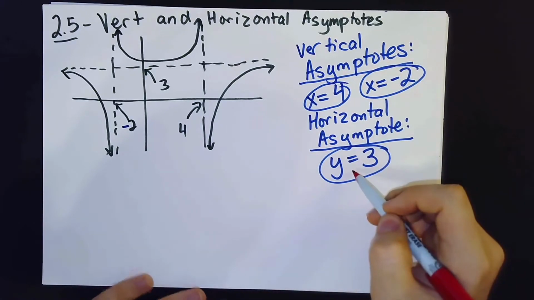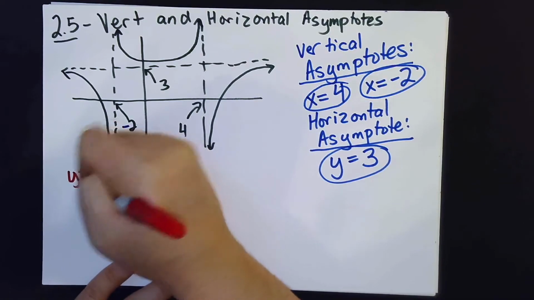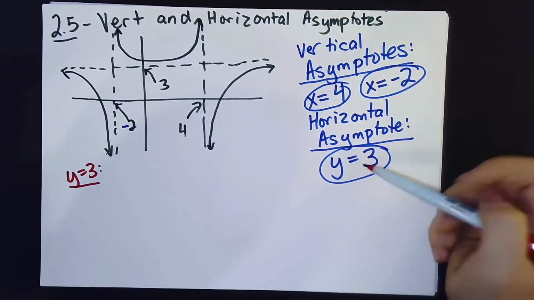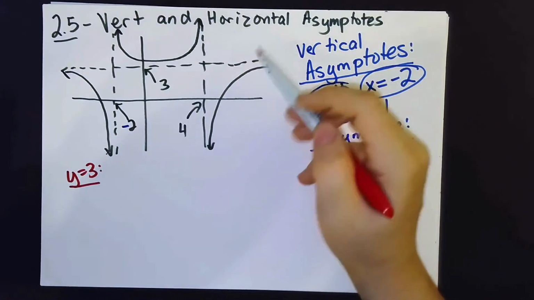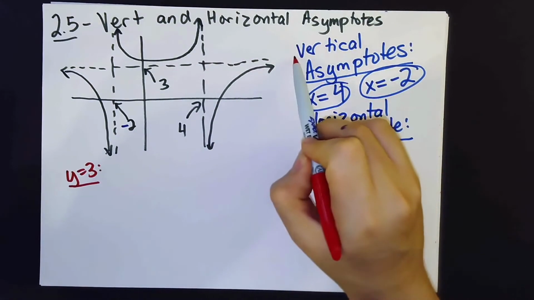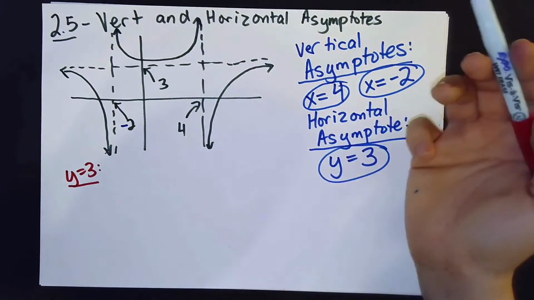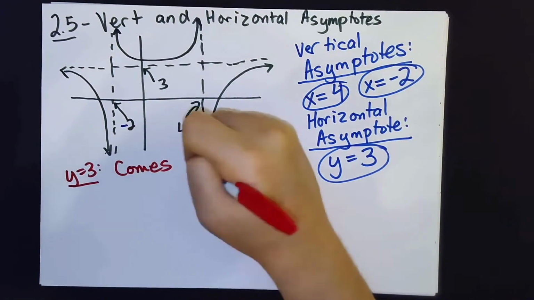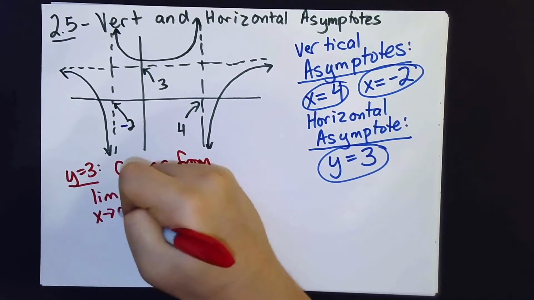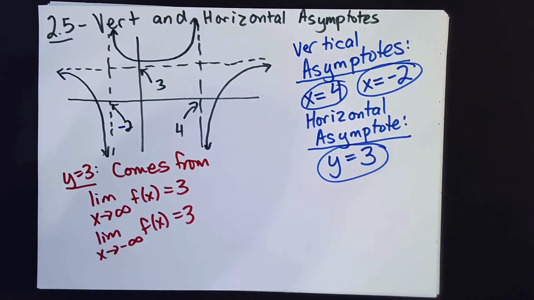Okay, so let's do the horizontal asymptote first. The horizontal asymptote here is coming from the fact that as I take really, really, really large inputs, the output is very close to 3. So namely, this y equals 3 comes from the fact that the limit as x goes to infinity of this function is 3.